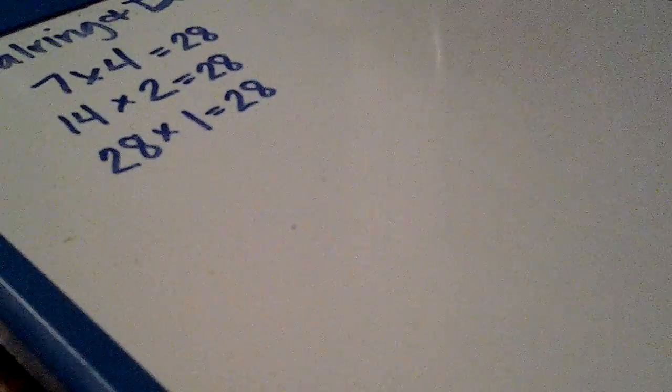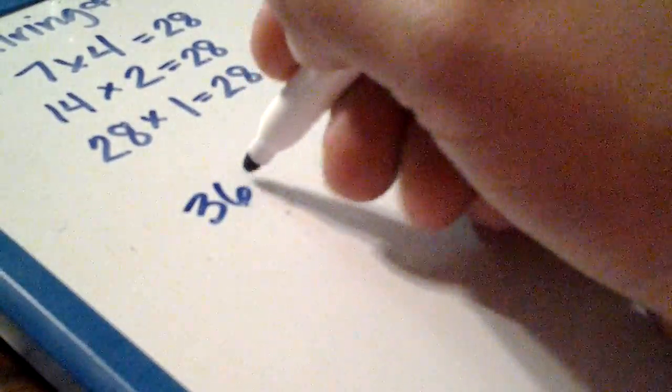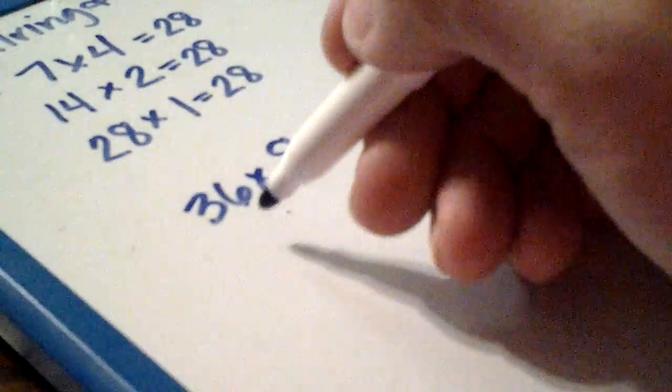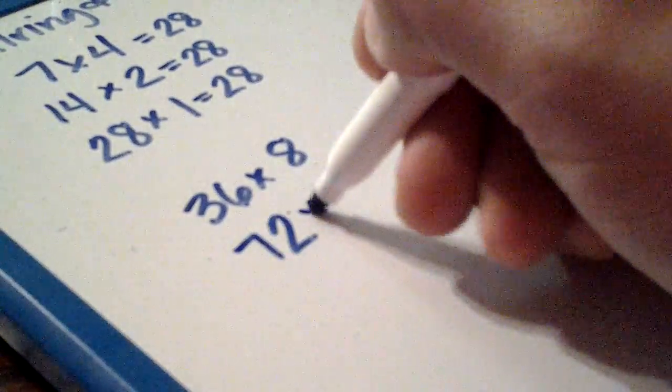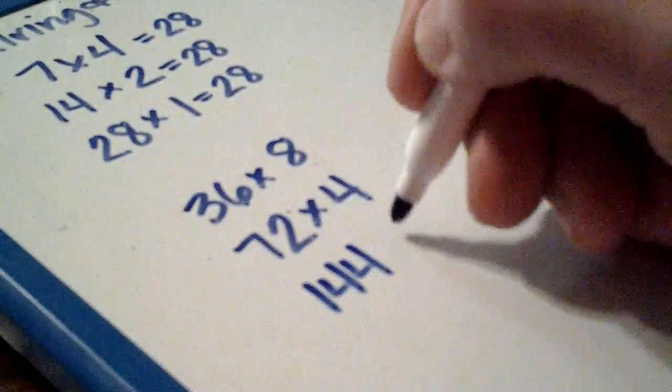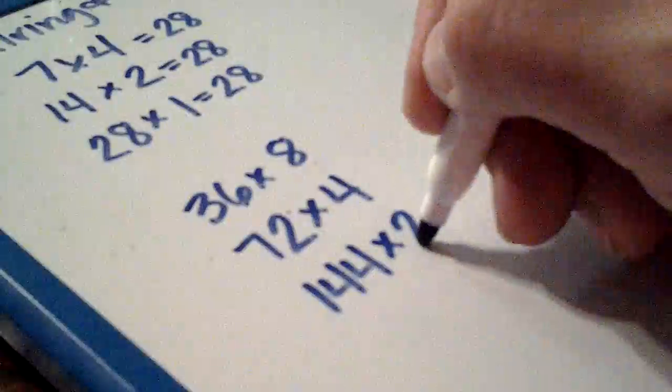To show that this works for a more difficult problem, I will do 36 times 8. So if I double 36, I have 72. Half of 8 is 4. Doubling 72, I have 144, and half of 4 is 2.